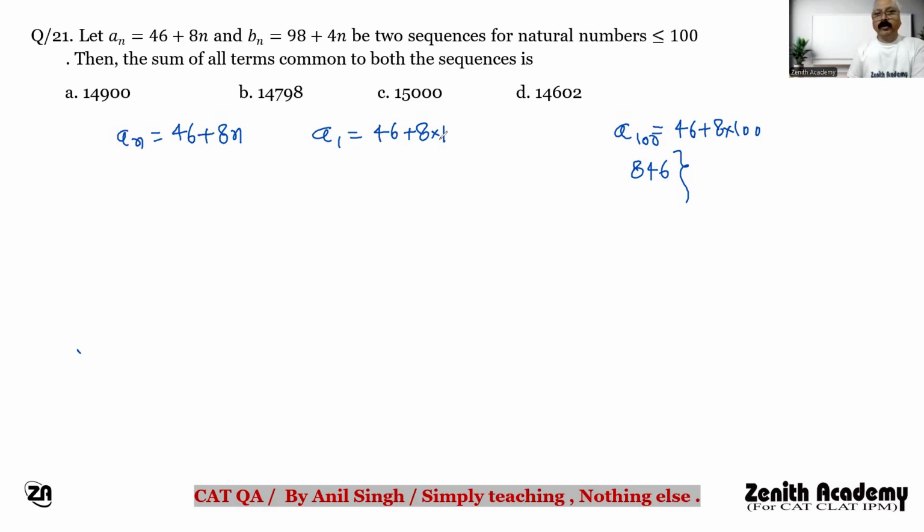And the first term is 46 plus 8, 54. Okay. This is the first series for n from 1 to 100.